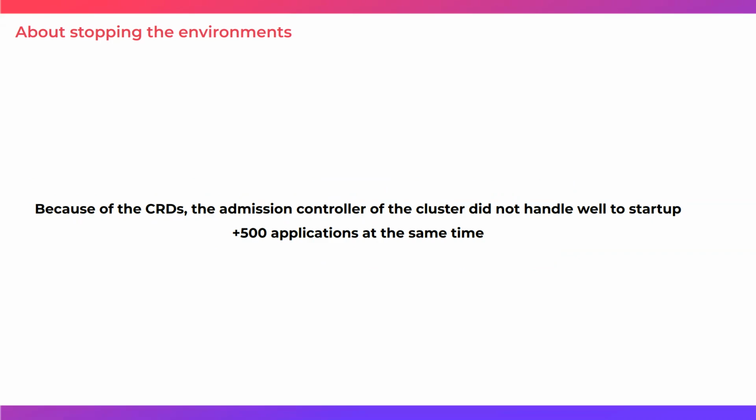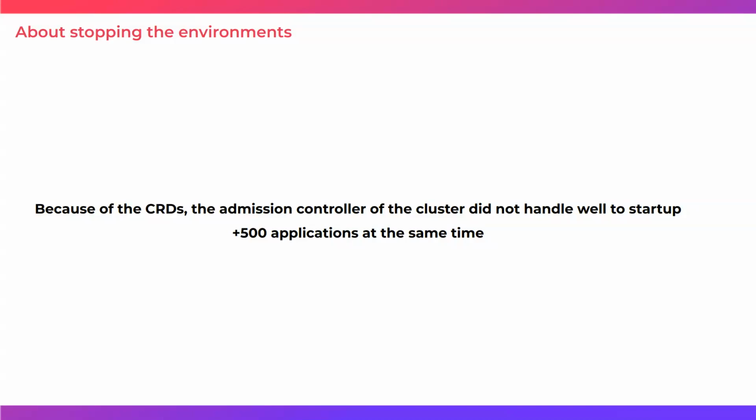We also, to reduce cost, wanted to stop the environments at night and during the weekends. But because we had a lot of custom resource definitions in the cluster, and we had to start up more than 500 applications at the same time, at some point the admission controller of the cluster went into timeout and was not able to come back to a healthy state again.